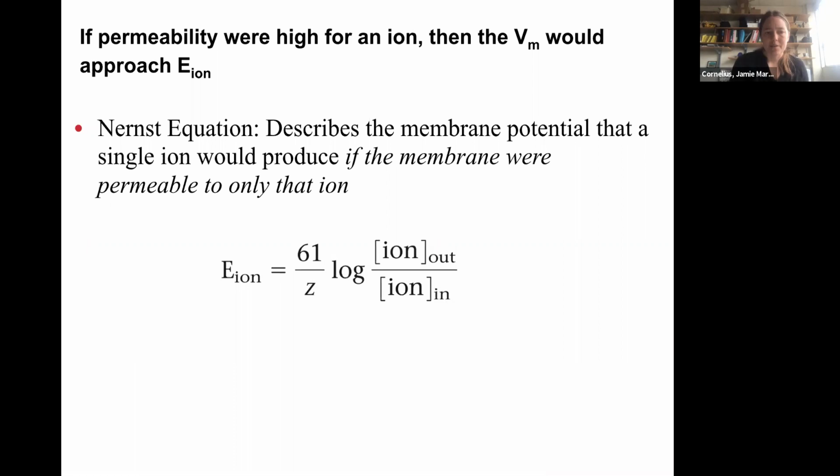The Nernst equation says that the equilibrium potential for a particular ion will be equal to a series of constants, which is this term here. Z refers to the charge, the valence of the ion, and then the concentration of that ion inside of the cell and outside of the cell. That will determine the equilibrium potential.